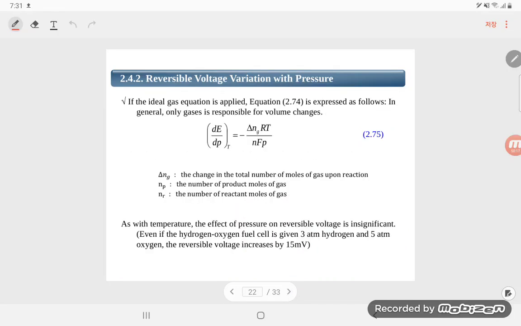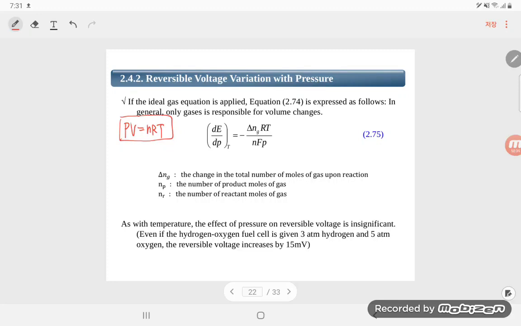And most of all, the volume change is due to the gas volume change. So we can use PV equals nRT, the ideal gas equation.